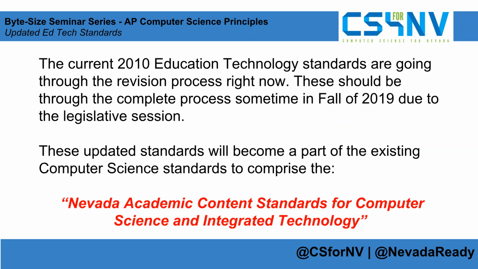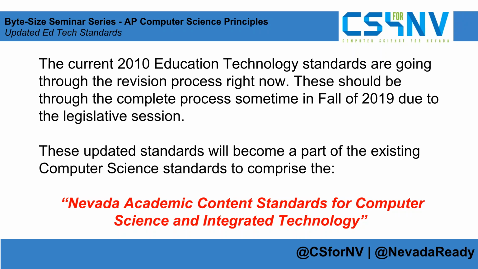All right, and one of the things I wanted to let you know is the education technology standards that we have in the books right now are dated 2010, so those are currently going under revision process. They should be completed sometime in the fall of 2019. We've got this legislative session coming in the middle here, so that's going to delay the entire process because we have to get down to the Legislative Commission on Education for the passing of these standards, and they will all be in session.